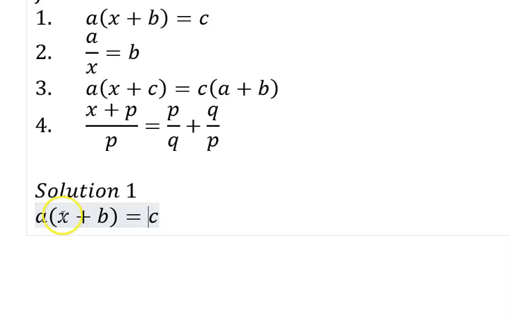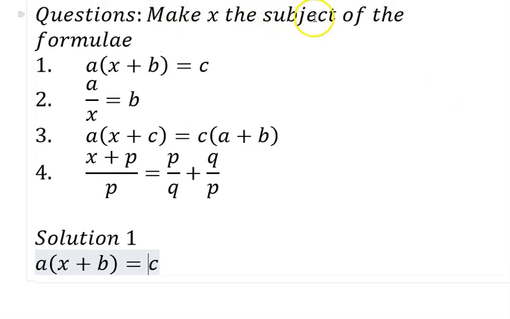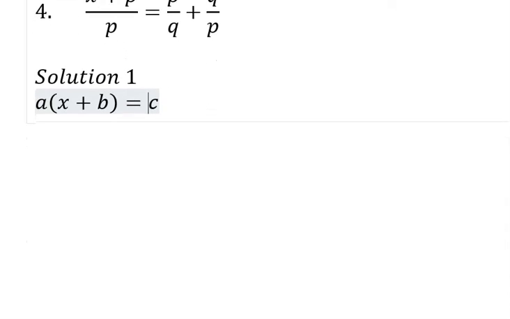We have to make x the subject of the formula for all the four questions. Make x the subject of the formula. So we are making x the subject of the formula in all these questions. So let's start with the first question. So we say solution number 1.